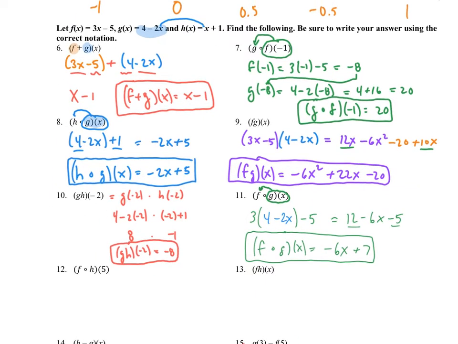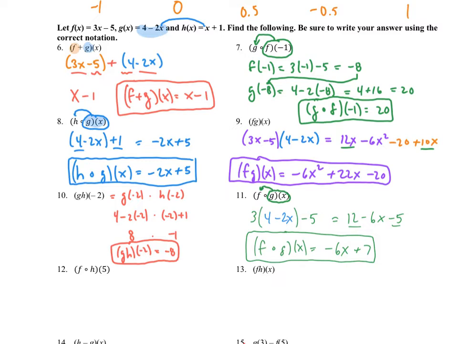Alright. Next one, f of h of 5. So again, what I want to start with is that back end of that. I want to figure out what h of 5 is. So h being x plus 1, so 5 plus 1, which of course is 6. And then we're going to figure out what f of 6 is.